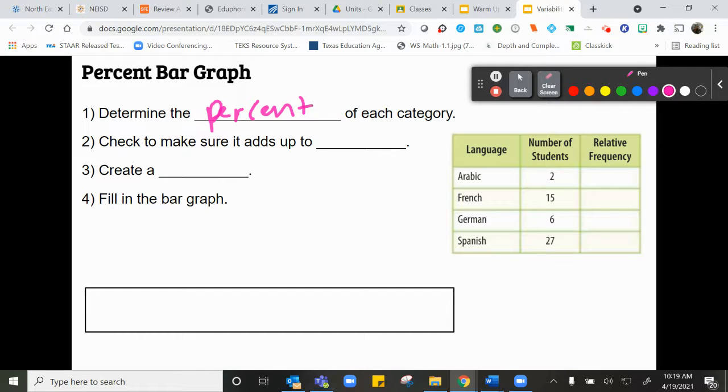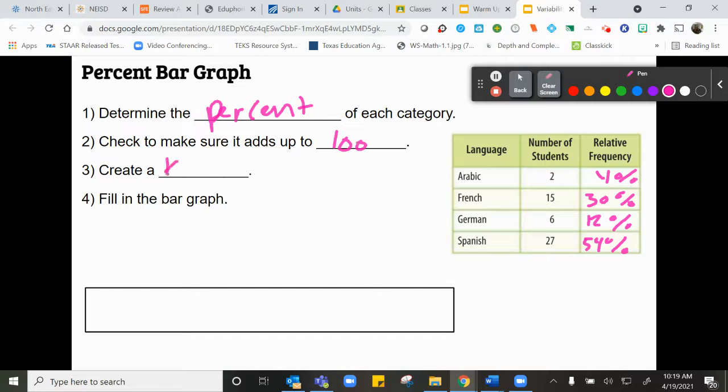Well, I've already done that with this previous example. We had 4%, 30%, 12%, and 54%. Then we're going to make sure it adds up to 100%. It does. Trust me on that.